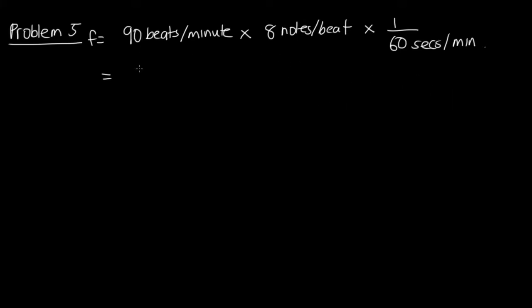Now, it's a good idea to carefully check all our units in this case. Let's put the numbers together to start with. We've got 90 times 8 over 60. We've got beats in the numerator here and in the denominator there, so that beat cancels.